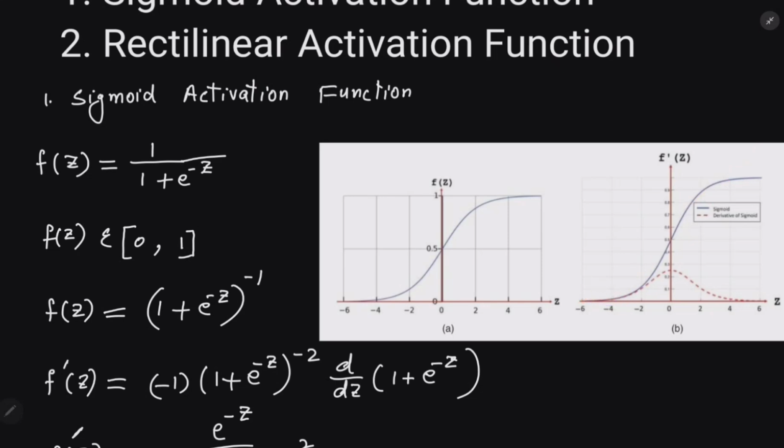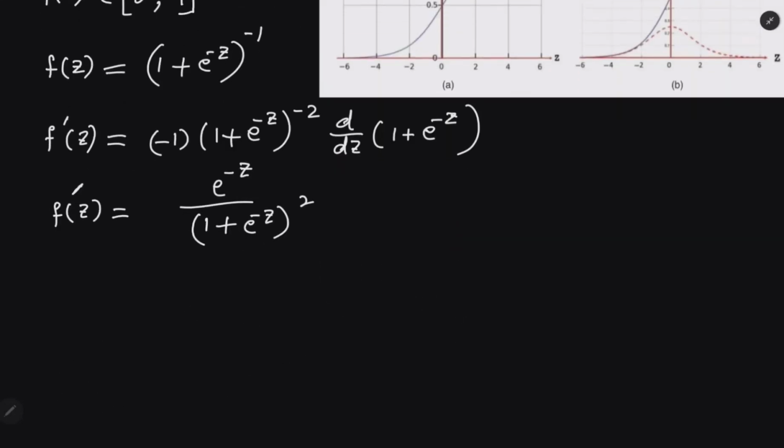You can see that this is actually the sigmoid function, and then we have this one as the derivative of the sigmoid function. This becomes very important when we want to take a derivative of our output.